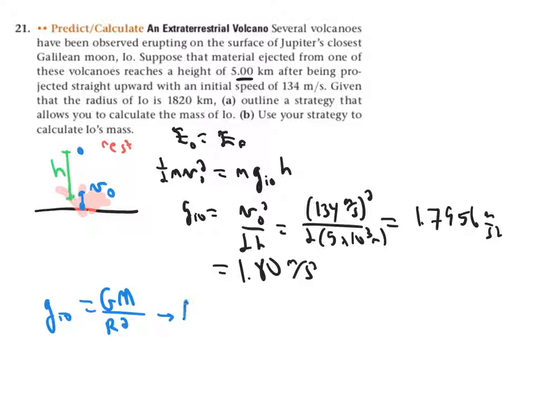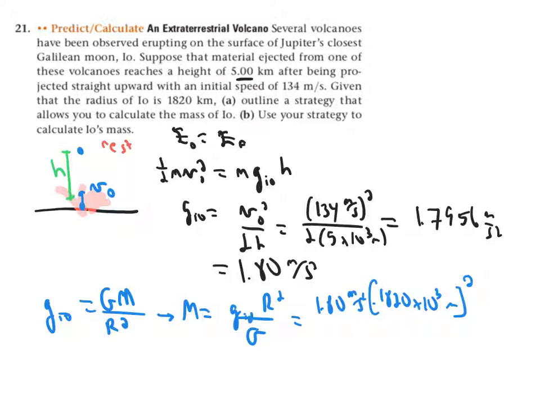And we can solve this for M to be g value times R squared over big G, which in this case would be 1.8 meters per second squared times 1,820,000 meters, and that distance needs to be squared, over the 6.67 times 10 to the minus 11, weird units, Newton meter squared per kilogram squared.